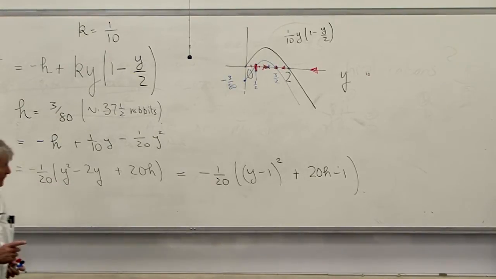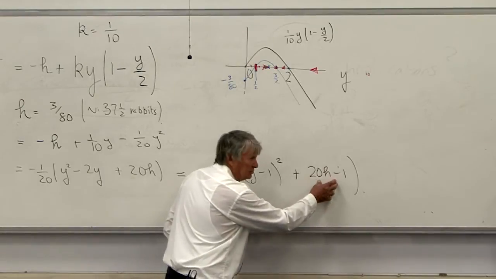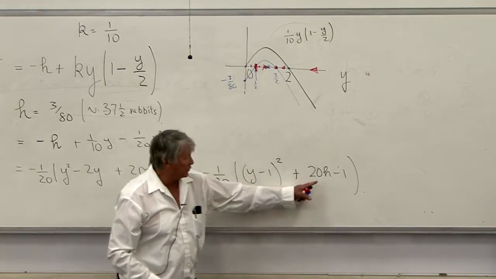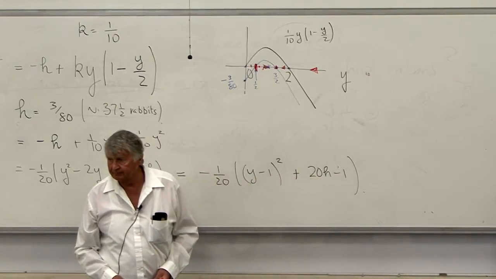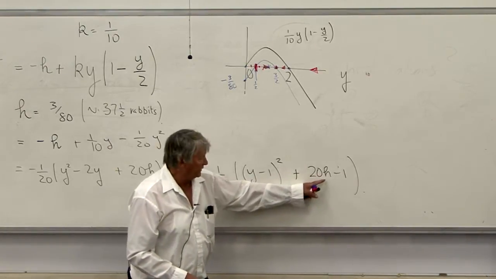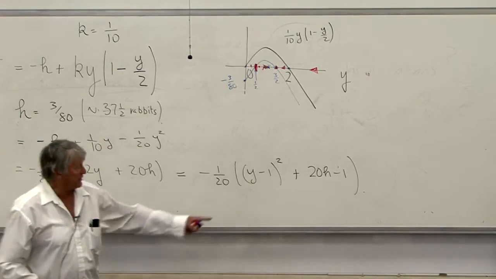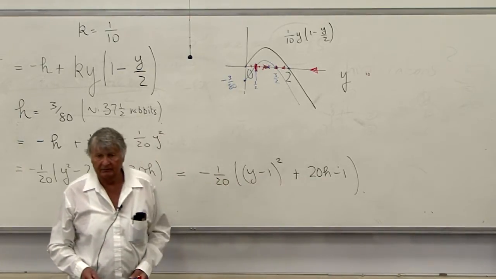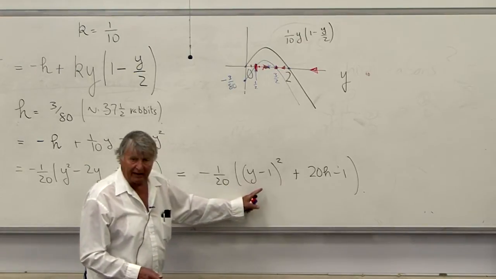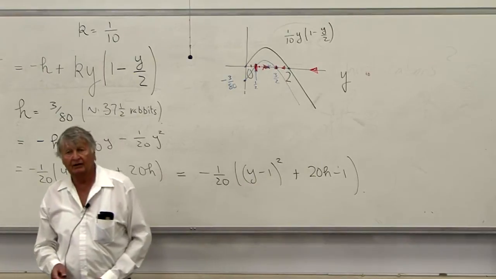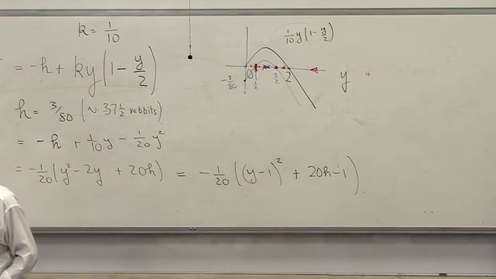Now before, this was 3 over 80, so this was minus a quarter, because 3 over 80 times 20 is 3/4. So this was minus a quarter. Then we would get real factors, because we could have y minus 1 all squared equals a quarter, with either y equals 3/2 or half. We had real roots.